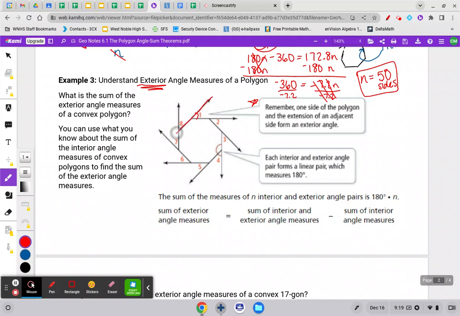So if we're looking back over here, we've got a straight line, a linear pair. We know that is 180. And we've got this exterior angle here. So if we look below, the sum of the measures of interior and exterior angle pairs is 180 times n. So the sum of exterior angle measures equals the sum of interior and exterior angle measures minus the sum of the interior angle measures.